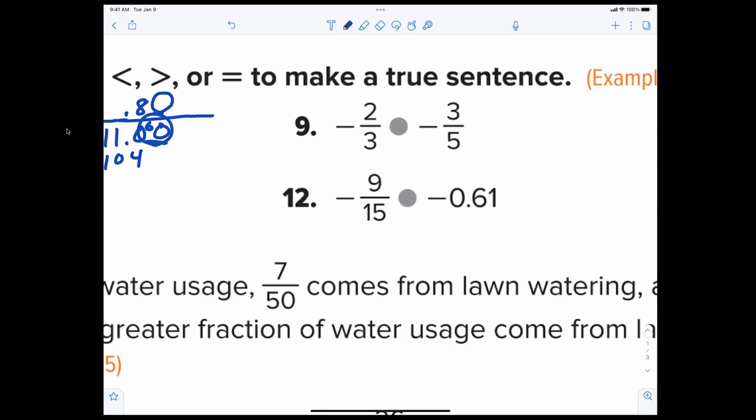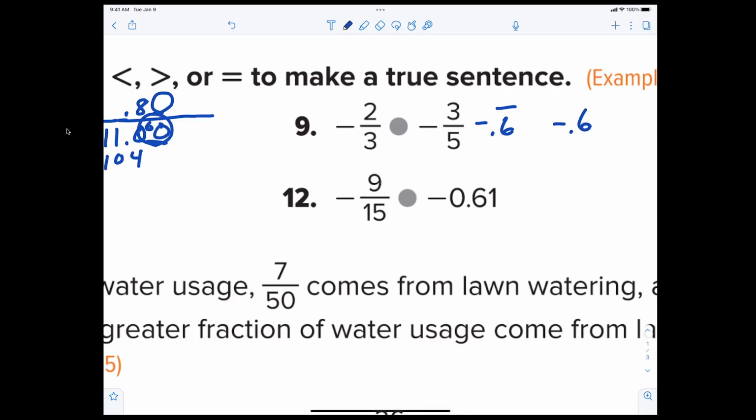She's doing it right now. 0.6 what? Yes. Bless you. Yes, yes, yes. So it's negative 0.6. All right, so now you got 2 problems here.